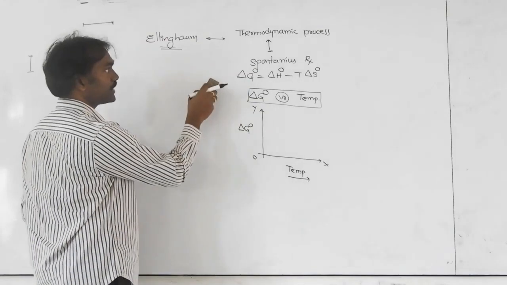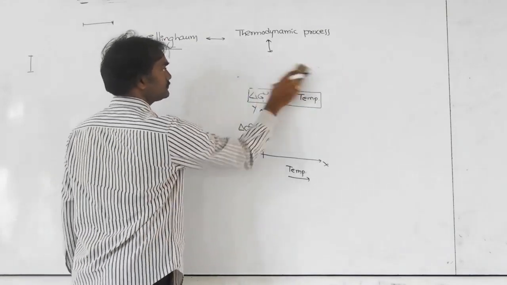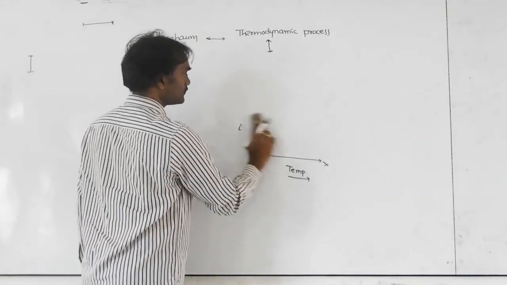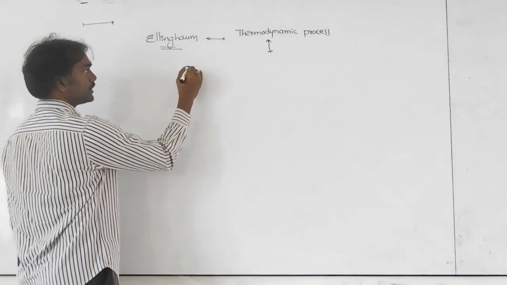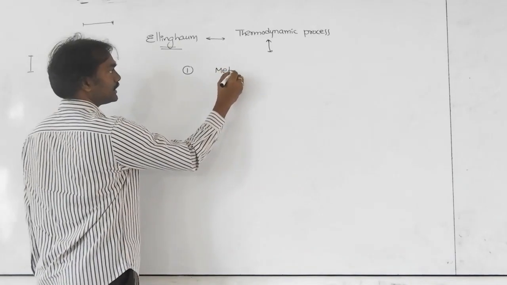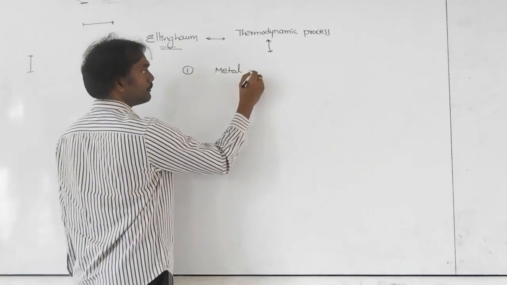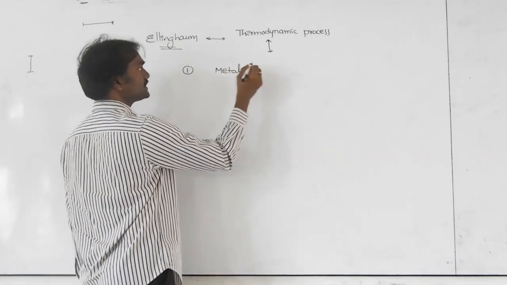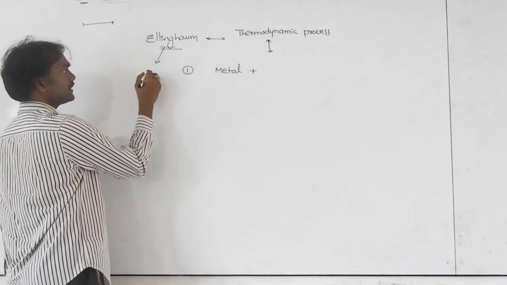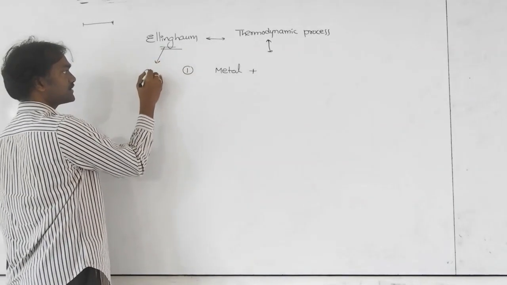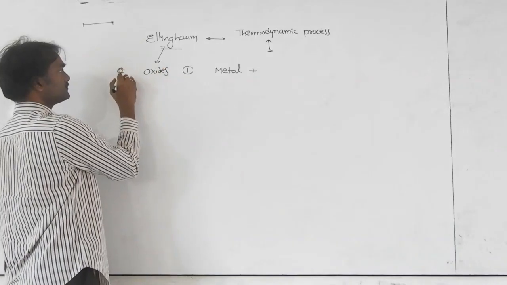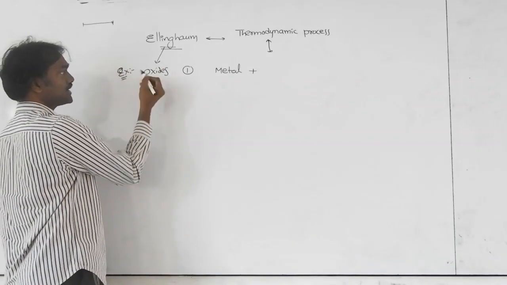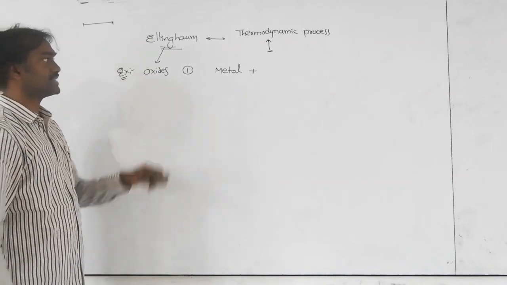First, one by one. Example: a metal is converted into a metal oxide. We could discuss halides or oxides, but now we are taking oxides as the example.